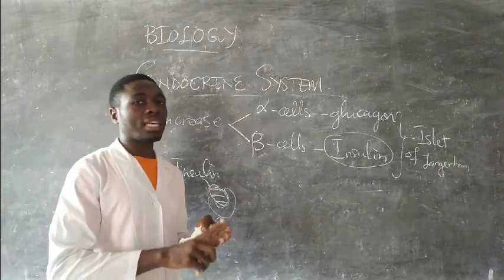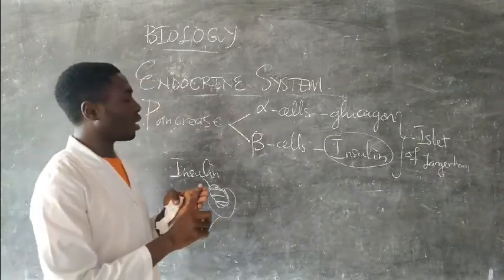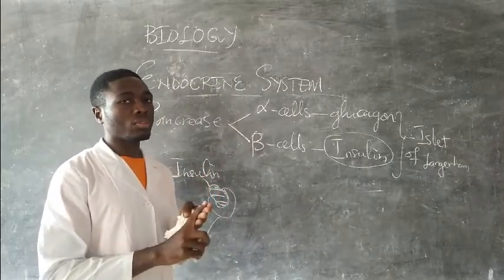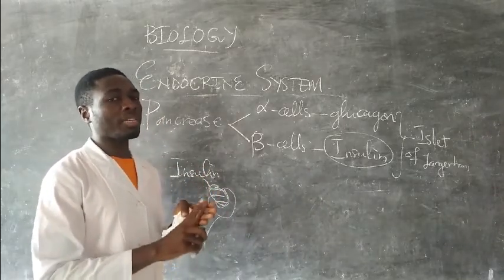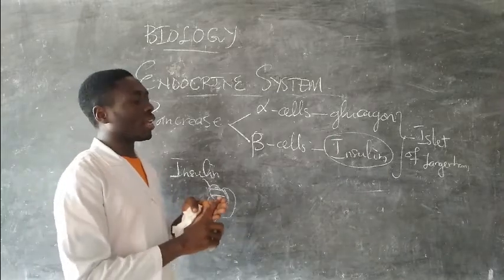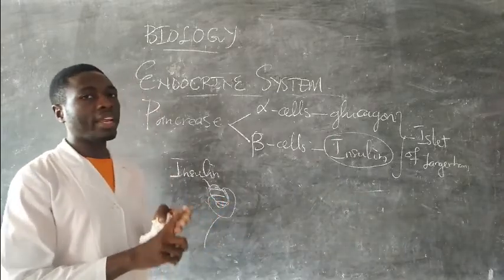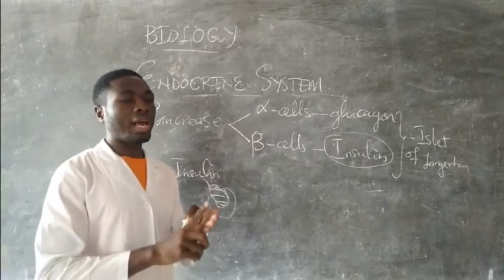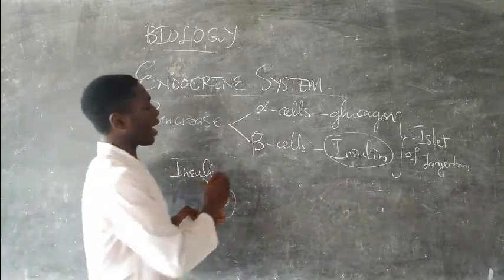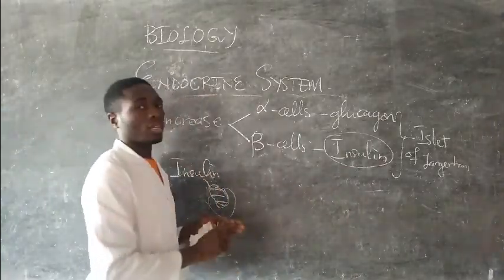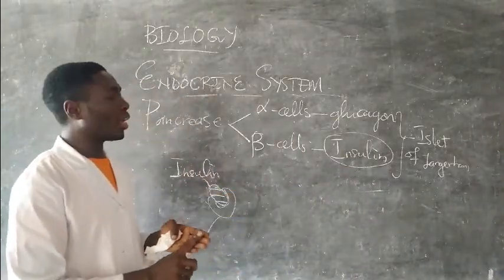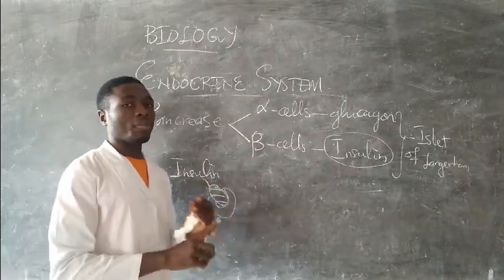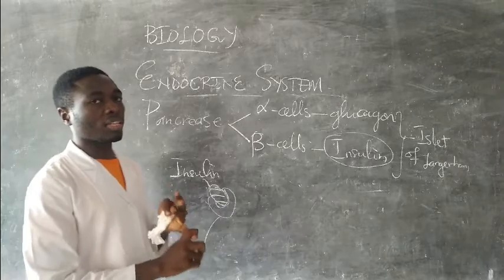The next thing is that insulin is going to cause cells to prefer glucose as the source of energy. So there will be increased metabolism, or increased usage of glucose to produce energy within the cell, therefore burning up the excess glucose and bringing the high level of glucose back to the normal range. So again, we have seen the things that insulin does. Insulin binds to receptors, causes cells to become more permeable to glucose, so the cells take up more glucose.